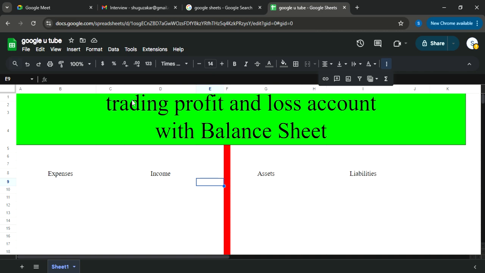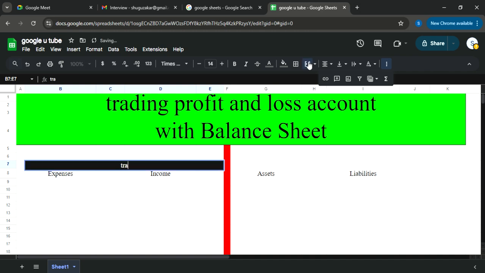Now here in the heading you can see we have the trading profit and loss account. This is the first heading, and then the balance sheet. I'm very sure that you may have guessed this is one side where we will be making the trading profit and loss account.